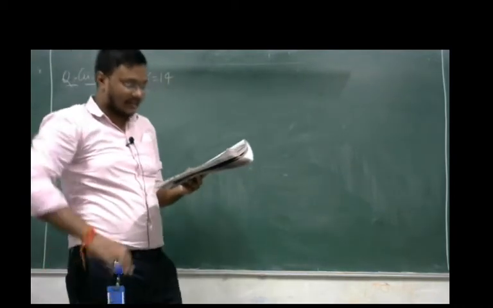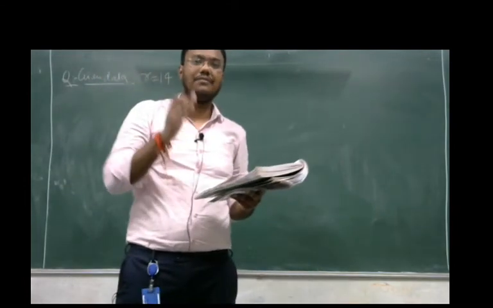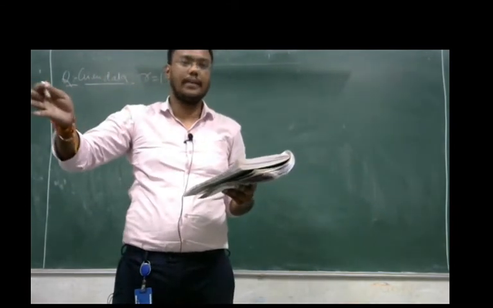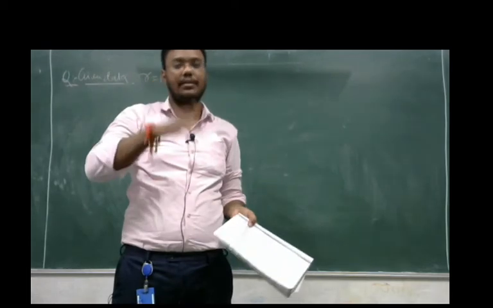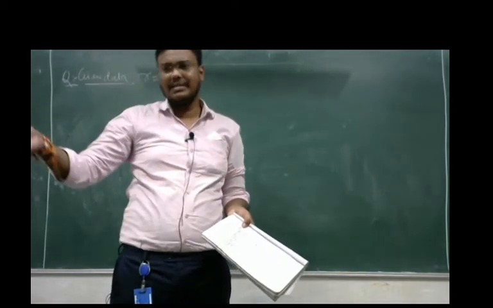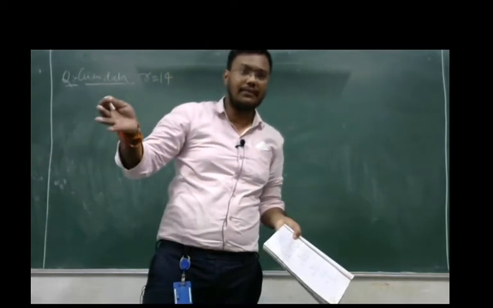So here in the question, it is given that the cutoff changes from 5% to 15% of the stroke. Initially the cutoff was at 5%, but in the second case the cutoff was at 15% of the stroke.